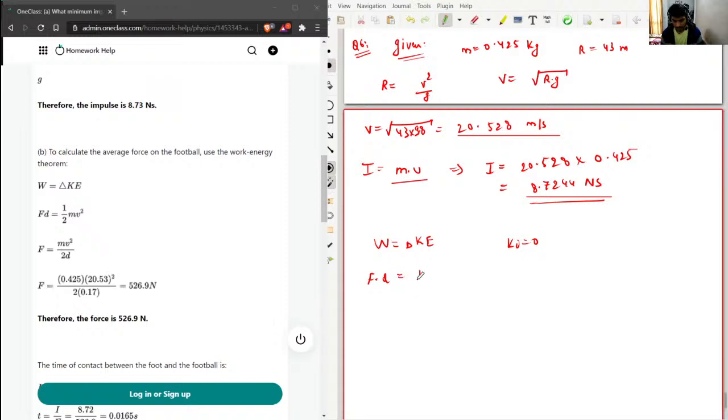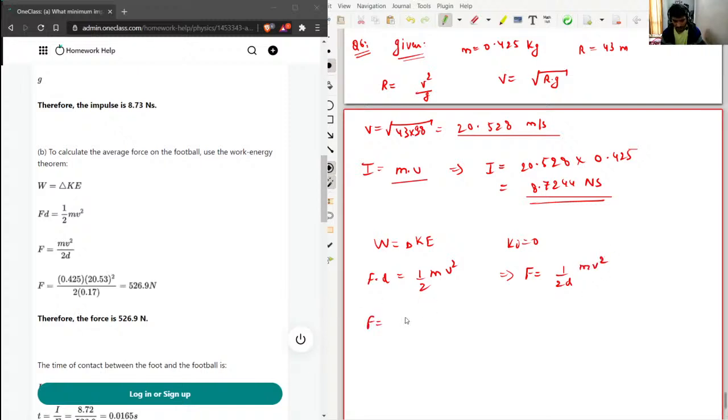So this is half mv square. Then force will become 1 by 2 times 1 over d into mv square.